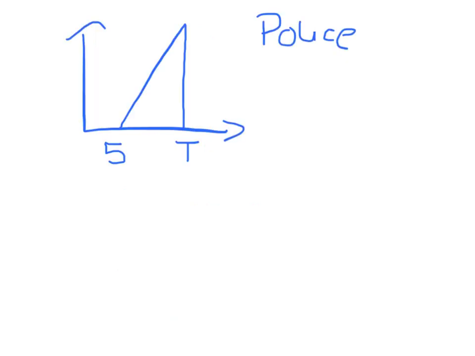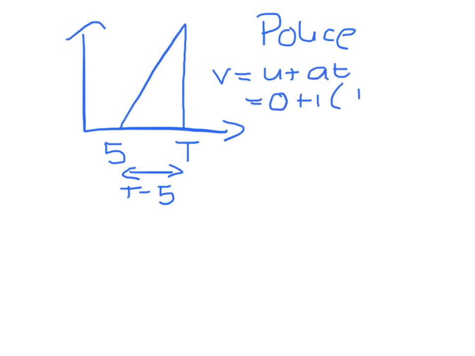motorcyclist. I'm going to consider the police car now. That is a triangle, and the base of the triangle is going to be t minus 5. To work out the area of the triangle, I need to know the height, and that is the velocity. So again, I'm going to use velocity equals u plus at. u is 0, acceleration is 1, and t is t minus 5.